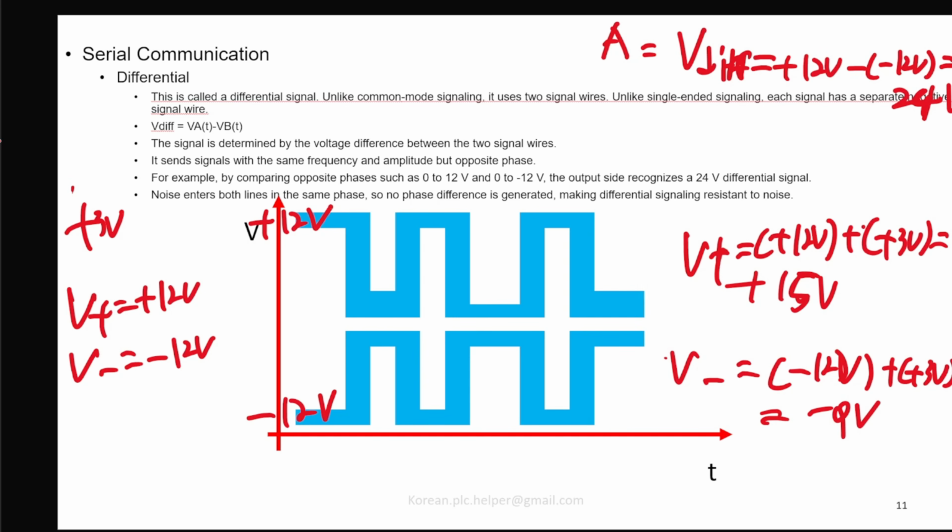Although the absolute voltage of each signal line has changed, the voltage difference remains positive 24 volts.